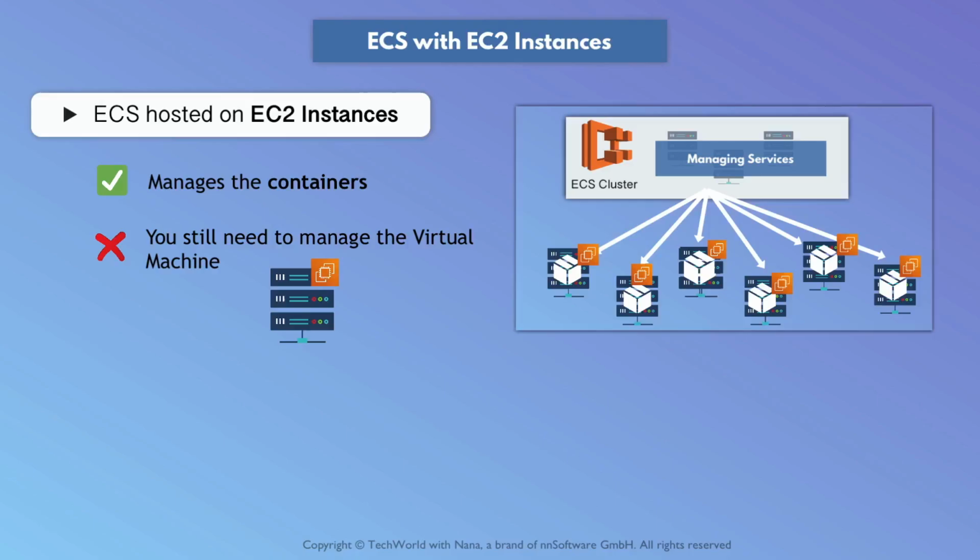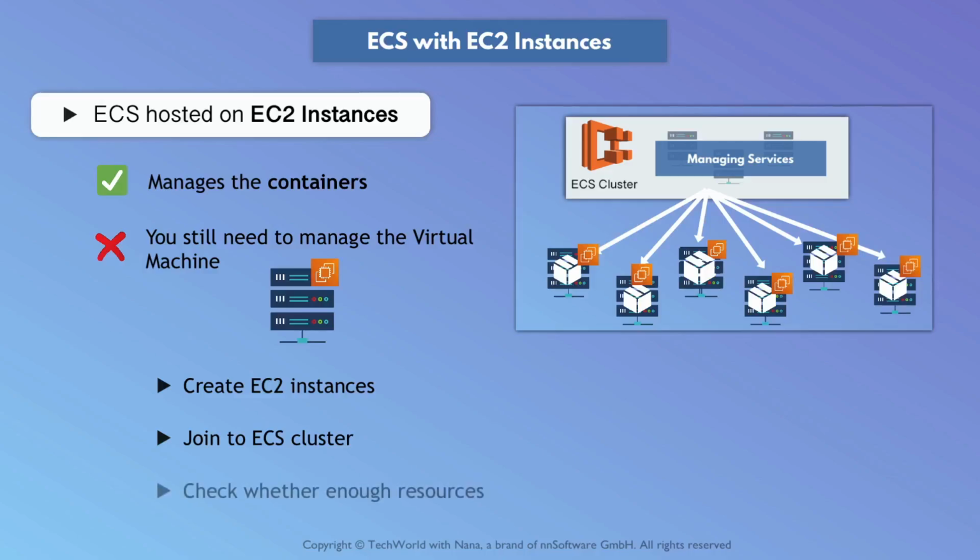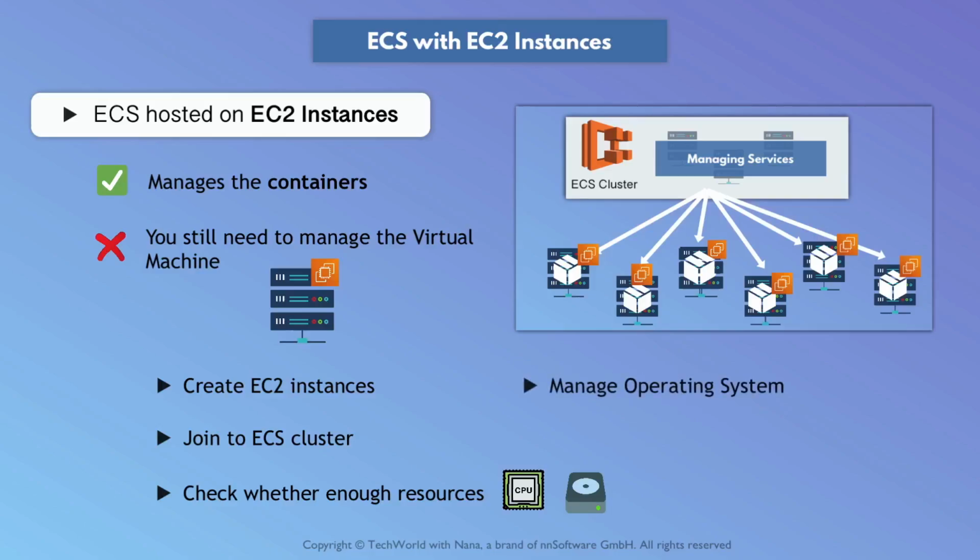Meaning you have to create the EC2 instances, you have to join them to the ECS cluster, and when you schedule a new container, you have to make sure that you have enough EC2 instances and resources to schedule the next container. You also have to manage the server operating system, updates, patches, and you also have the Docker runtime and the ECS agent, as I mentioned.